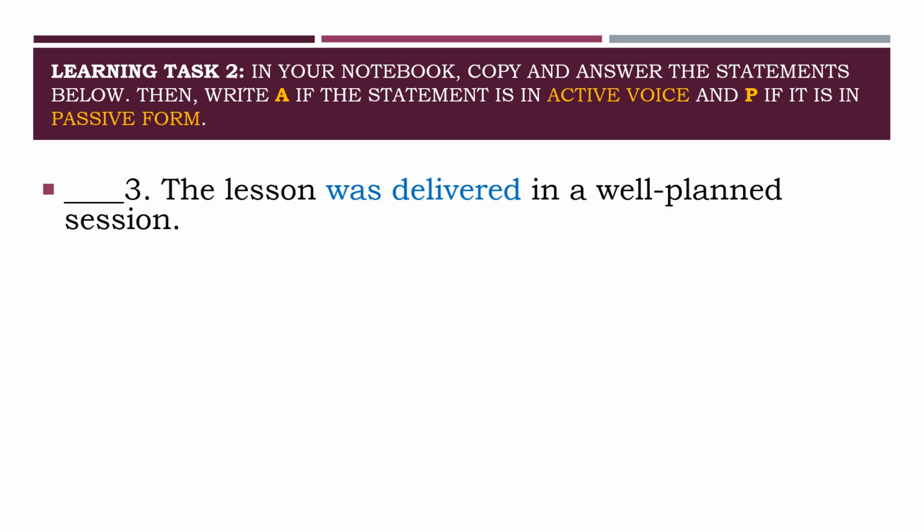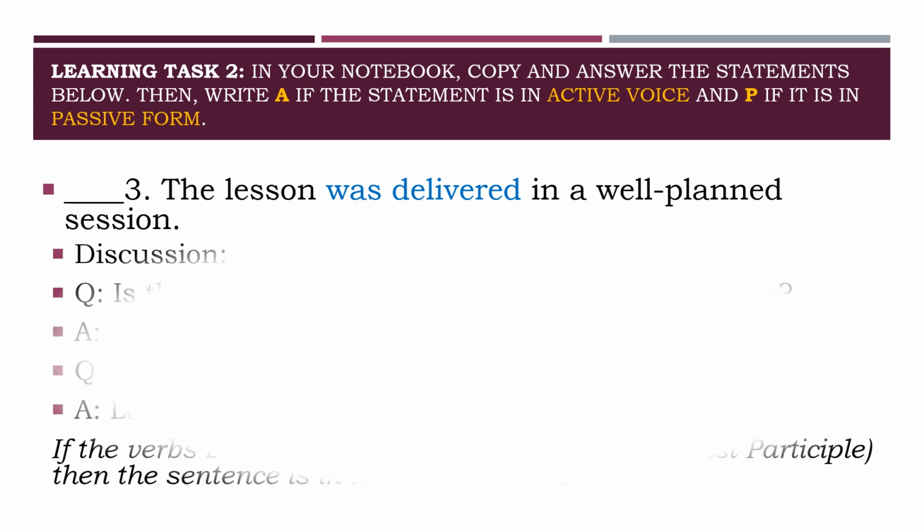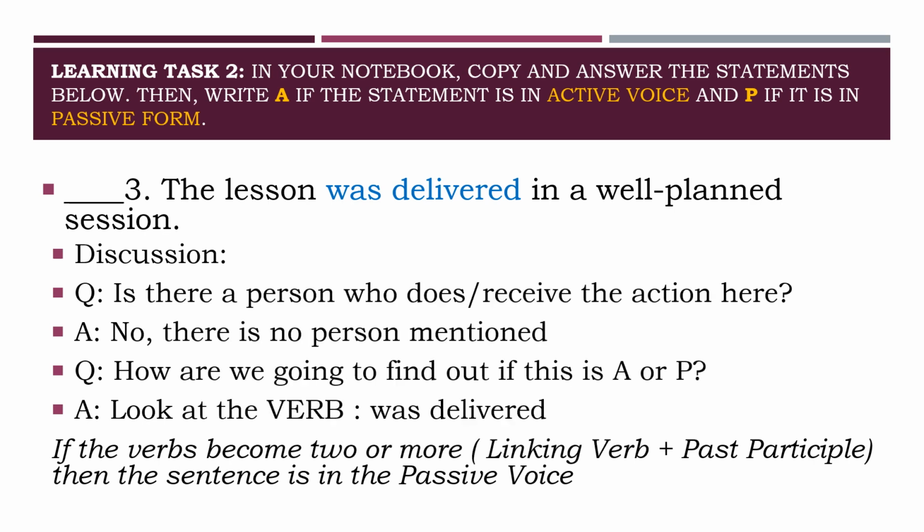Let's have another example, number 3. The lesson was delivered in a well-planned session. Question. Is there a person who does or receive the action here? Of course, the answer is no. There is no person mentioned, meaning walang tao na nabanggit sa pangungusap na gumagawa ng kilos. Now, how are we going to find out if this is A, or active, or P, passive?